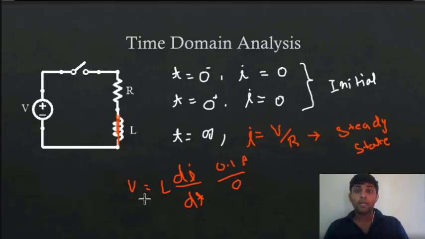The inductor doesn't allow any change in current if we take the time change as 0, or if you are talking about sudden change. Sudden means when dt is 0. If dt tends to 0, then di should also tend to 0, meaning to keep this a constant, measurable value, there should be no change in current.